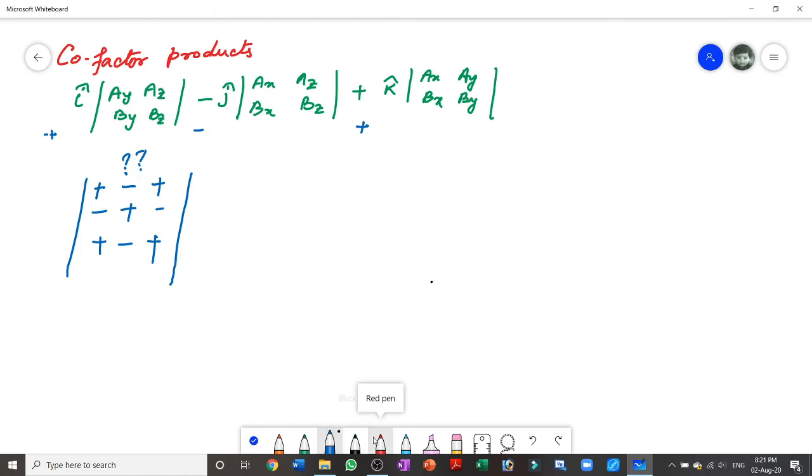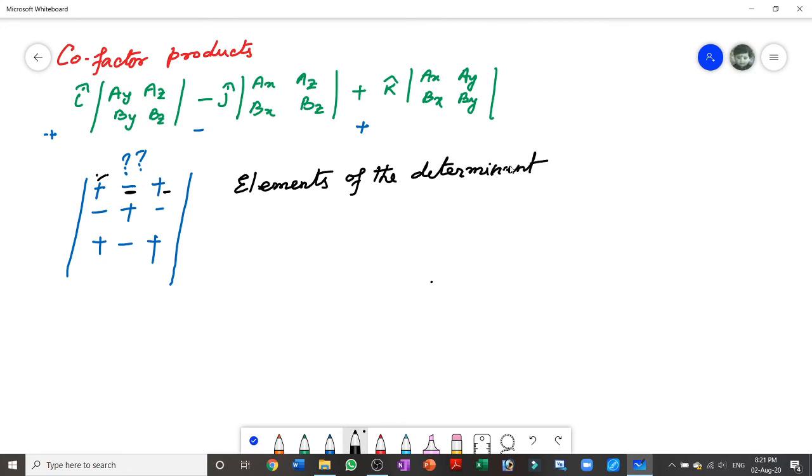To know this, we have to know that each of these terms are known as elements of the determinant. They are called the elements of the determinant.